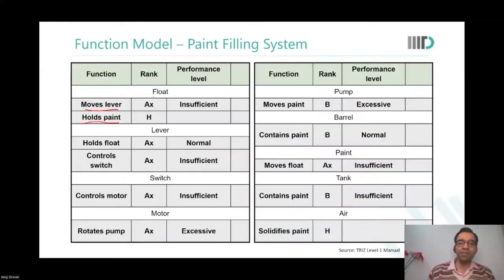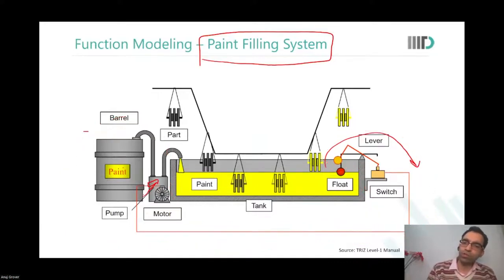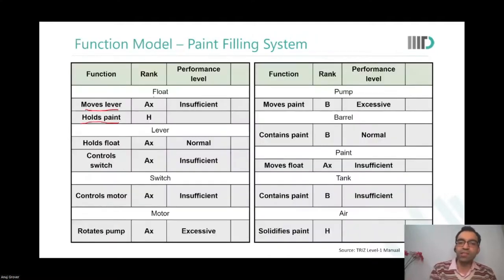Then we look at lever. Lever holds float and it controls the switch. Now what we are saying is, because what was happening? The paint was overflowing. Why did it overflow? Because the float did not move the lever sufficiently. So what did we say? That this function is performed insufficiently.